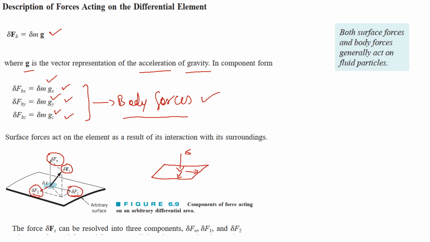Due to the normal force, normal stress will generate, and due to the forces that lie in the plane, shear stresses will generate. So that's how we are going to represent our surface forces.